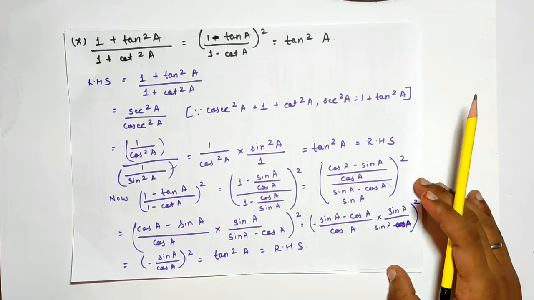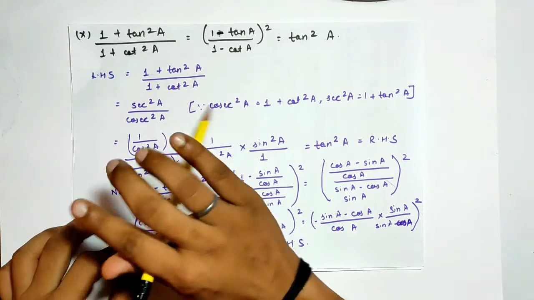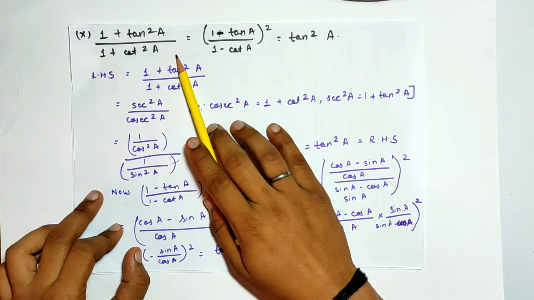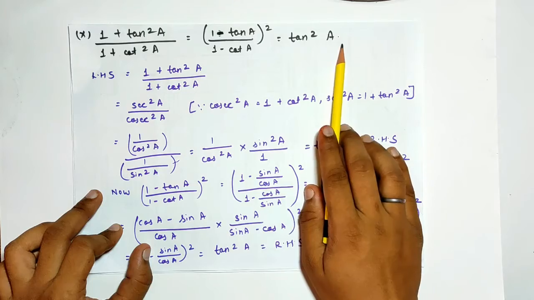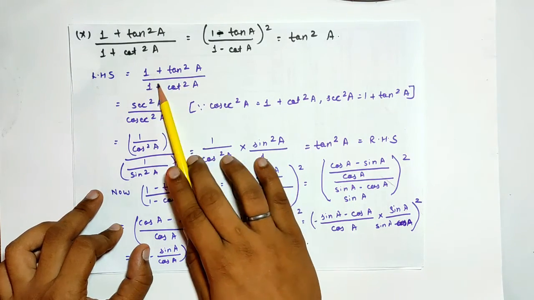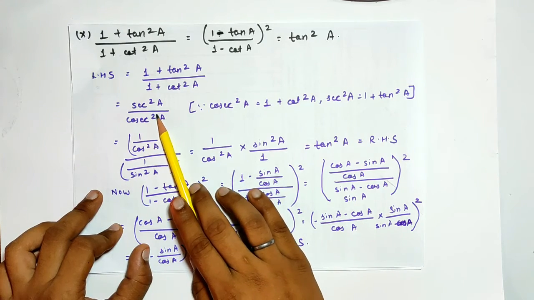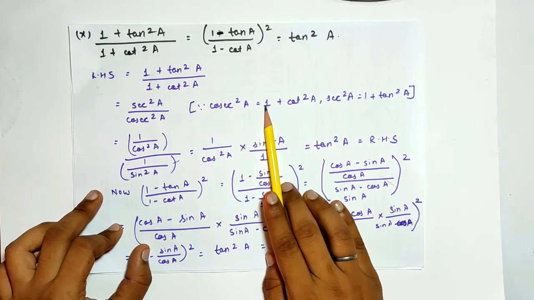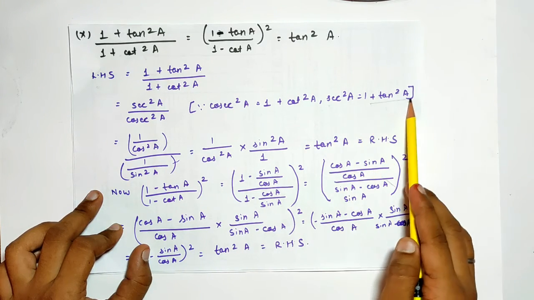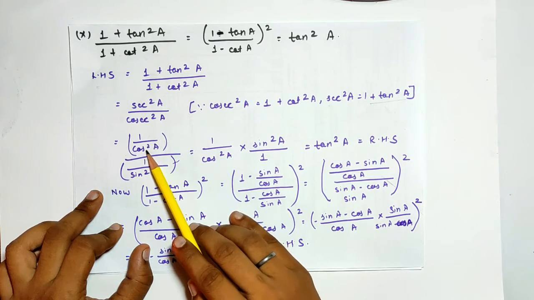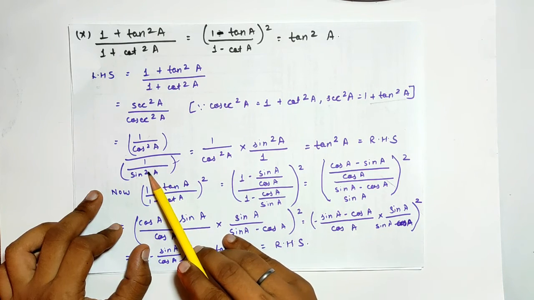So now let's come to the last part of question number 5, that is part 10. (1 plus tan square A) upon (1 plus cot square A) is equal to ((1 minus tan A) upon (1 minus cot A)) square is equal to tan square A. LHS is (1 plus tan square A) upon (1 plus cot square A), which is equal to sec square A upon cosec square A, because cosec square A is equal to 1 plus cot square A and sec square A is equal to 1 plus tan square A. This is equal to (1 upon cos square A) upon (1 upon sin square A).